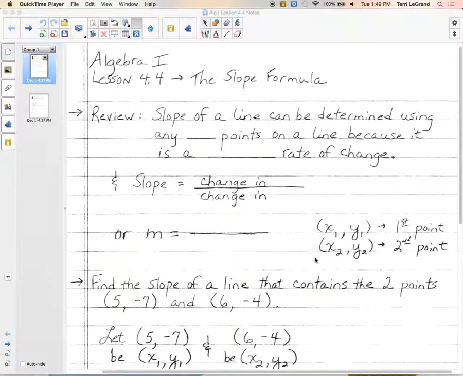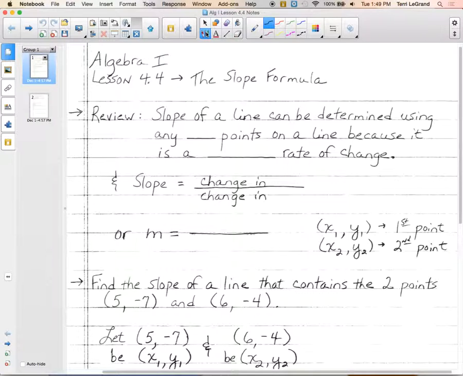First of all, slope of a line can be determined using any 2 points on a line because it is a constant rate of change. In other words, we have this straight line that does not zigzag. There are not different rates of change.